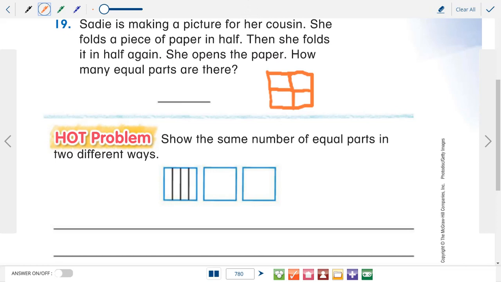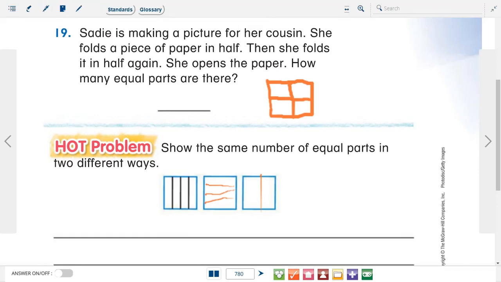Now, how can we cut it into 4 equal parts in other ways? We can use this type of cutting. 1, 2, 3, 4. Or we can use the traditional way, which is this way. I'm going to erase my drawing and show you the answer because my drawing is not clear.